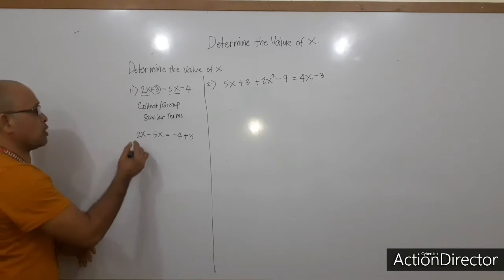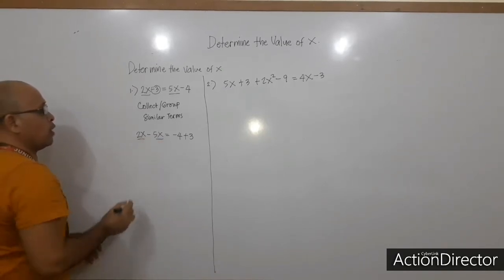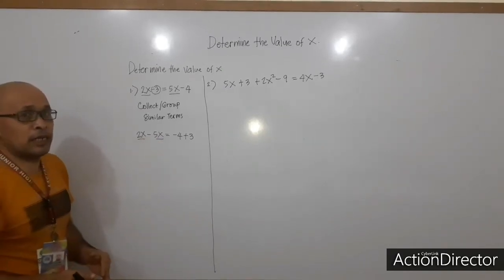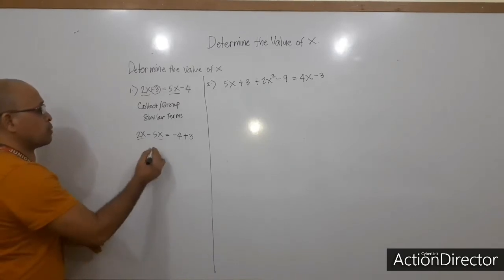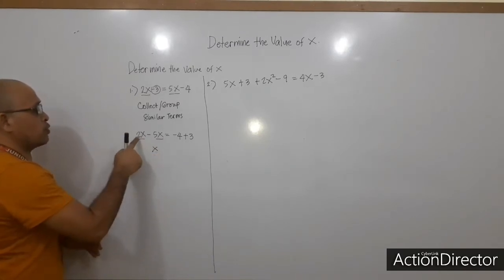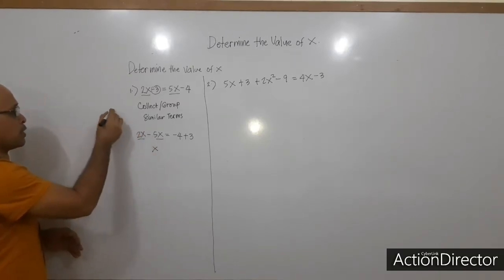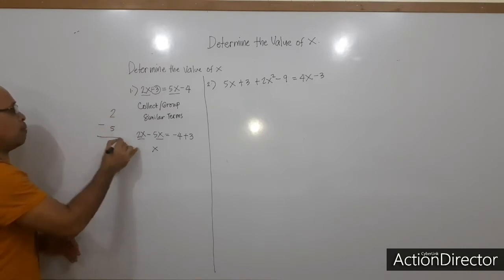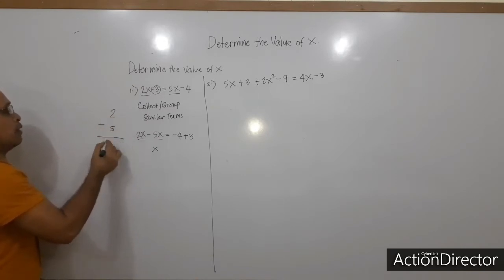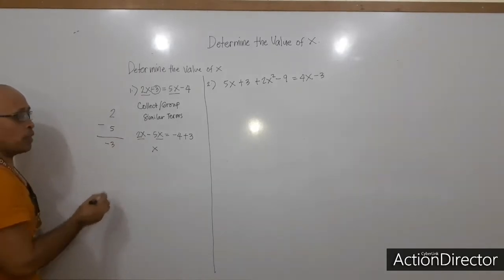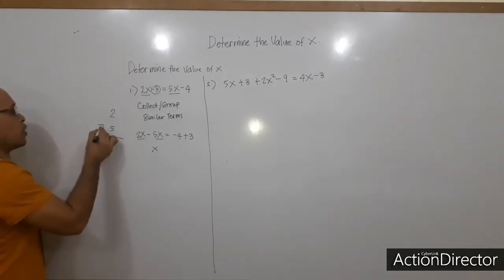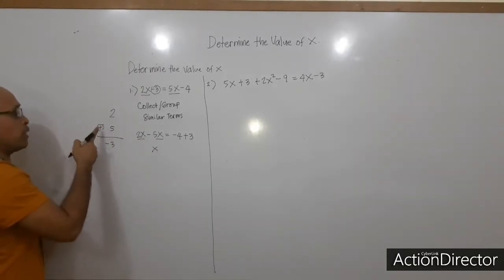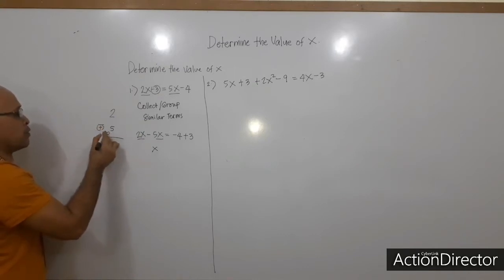Let's continue. Since they are now similar, you may apply how to subtract integers. Just bring down x, and then 2 minus 5. This will be negative 3, because we change the operation from minus to plus, and change the sign of the subtrahend.